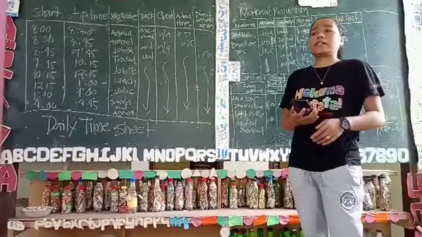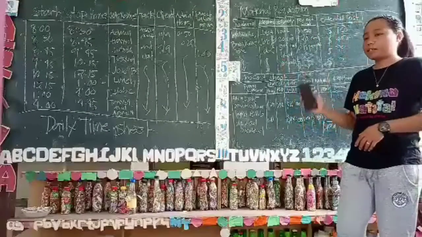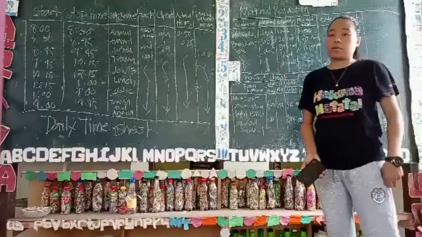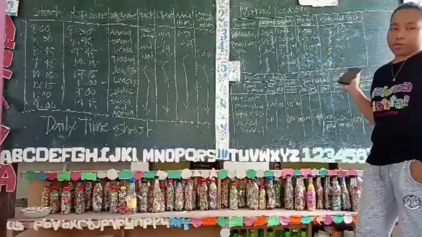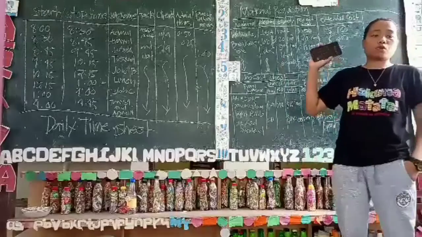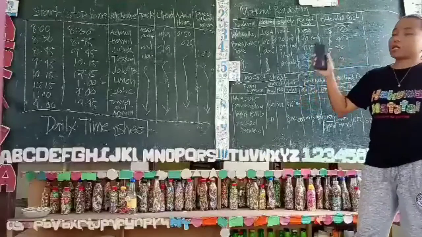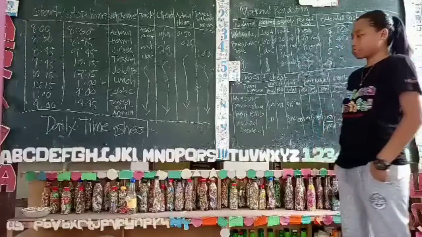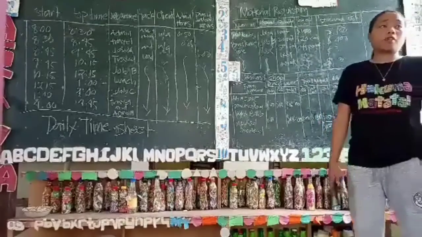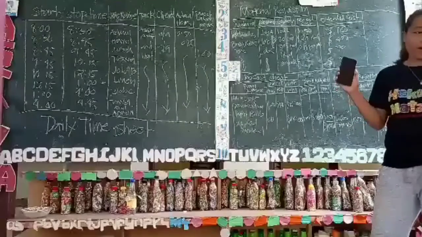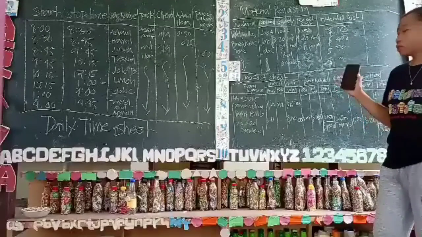To compute the total in the job cost sheet, we simply add the total direct labor, the total direct material, and the applied overhead. In computing the direct labor, we simply multiply the direct labor hours from the daily timesheet by the rate. For direct material, we multiply the quantity by the unit cost.